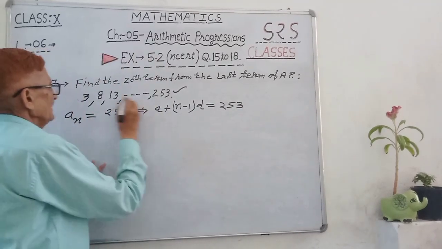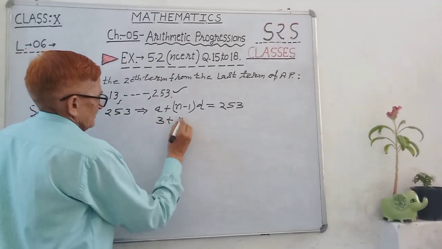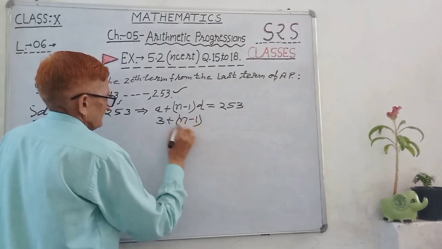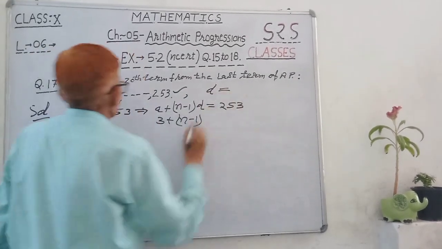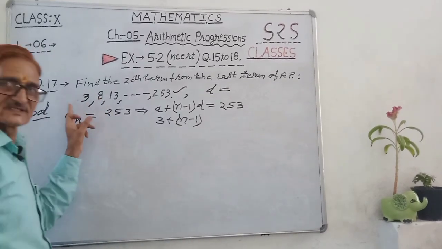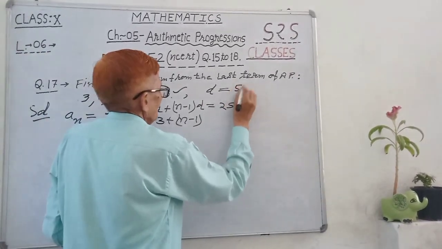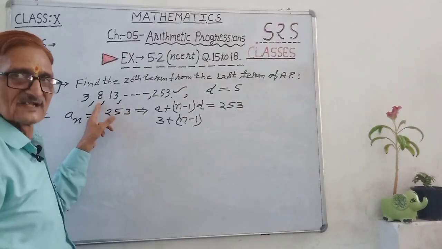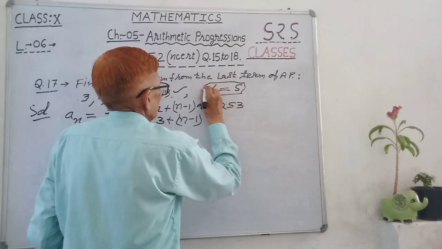Now A is 3, plus (n minus 1) into D. D is the common difference: second term minus first term, 8 minus 3, 5. Check: third term minus second term, 13 minus 8, also 5. So D is 5.